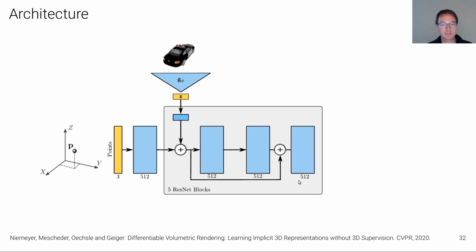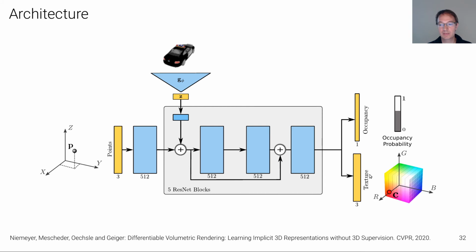And then we have 5 residual blocks here that are conditioned on that image. And we have a shallow head that predicts the occupancy probability for each of these points, and another one that predicts the texture, the color information for each of these points. So both of these heads are applied to the same backbone network here.